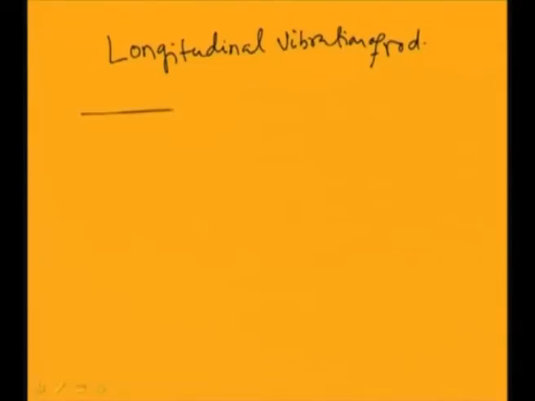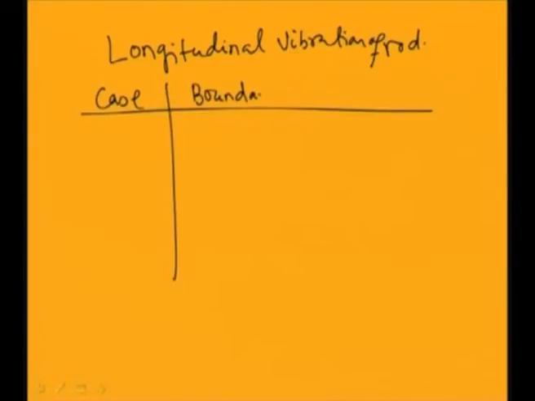Let us see the left end; we will consider different cases. Boundary at the left, and boundary at the right. Let us see the different types of boundary conditions.